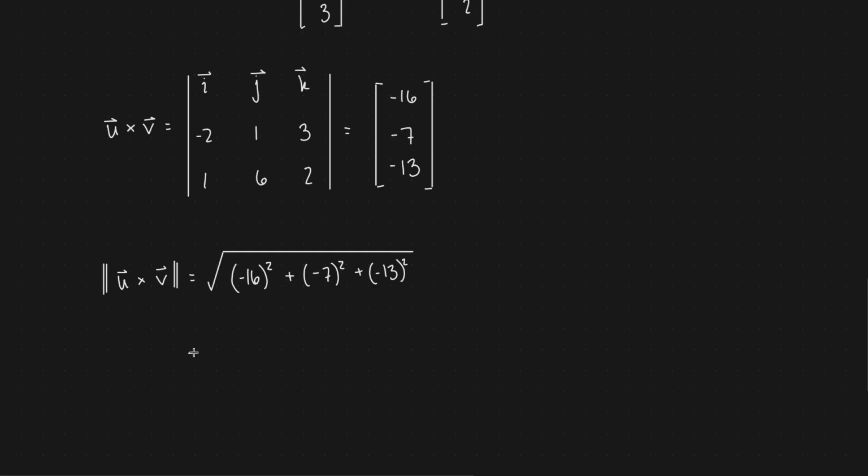And if you do the arithmetic, you'll find that -16 squared plus -7 squared plus -13 squared is 474. So the area of the parallelogram determined by two vectors u and v is the square root of 474.